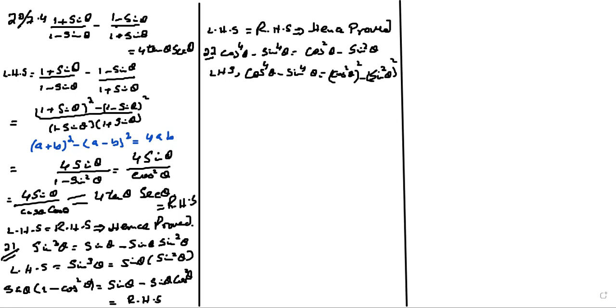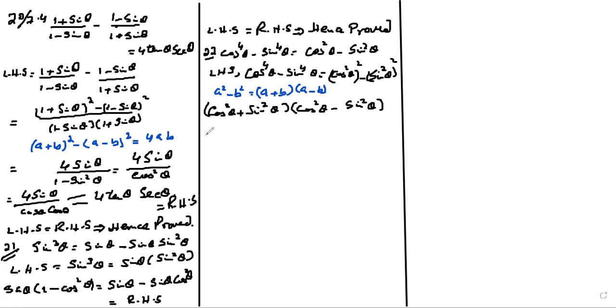So using the formula a square minus b square equals (a plus b) times (a minus b), we have (cosine square theta plus sine square theta) times (cosine square theta minus sine square theta).